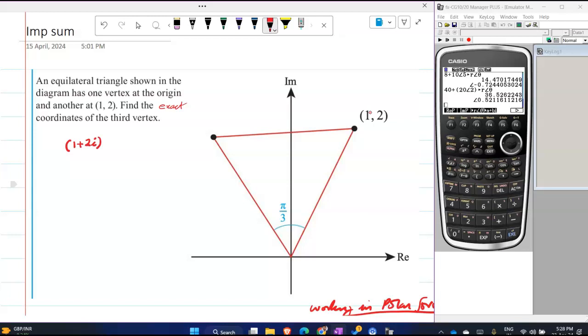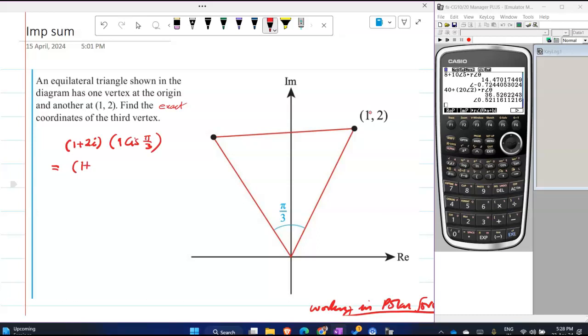And then you'll multiply that by, what's your stretch factor? 1. You're not stretching it. And what's your theta? Cis pi by 3.